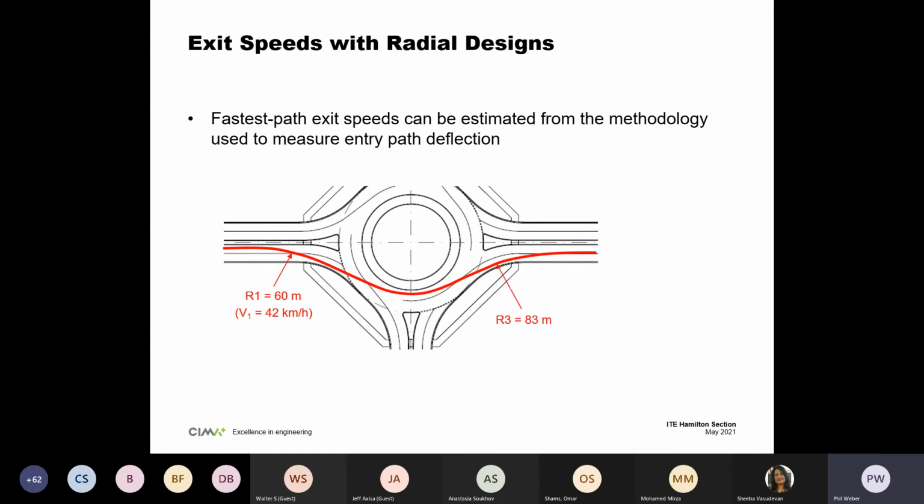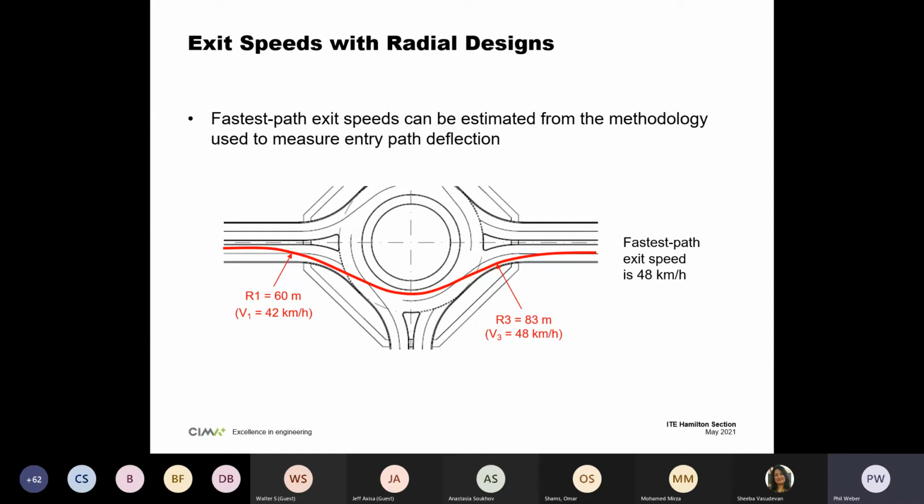The fastest path exit speed, if we measure the arc on the exit and physically measure, is about 48 kilometers an hour. So the fastest someone can go through the entry, if they're driving as fast as they possibly can, is 42 kilometers an hour, and the fastest they can possibly go through the exit is about 48 kilometers an hour with this design.